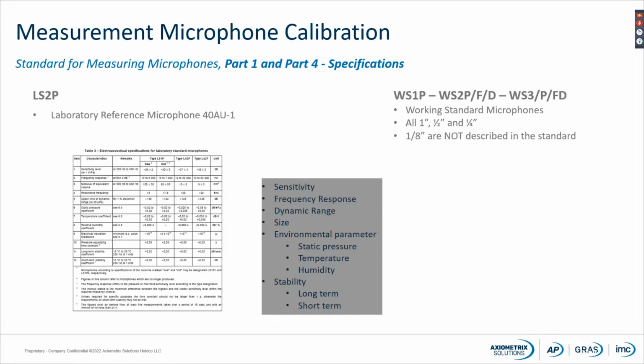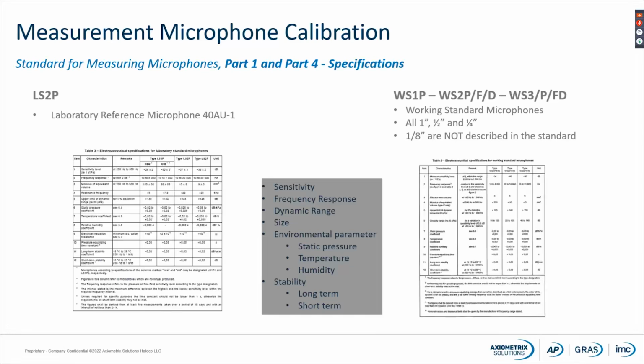1/8 of an inch is actually not described in the standard, but the 1/8-inch microphones available on the market are all made according to the standard. It means you will have the same type of specification for the microphones, and the microphone will also have a size which is in accordance with the standard.